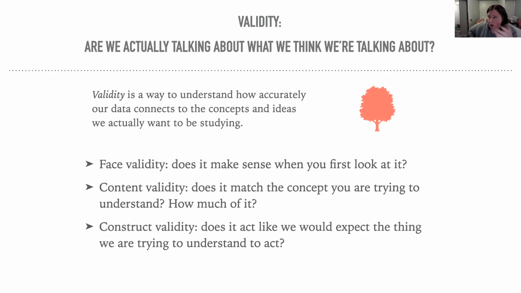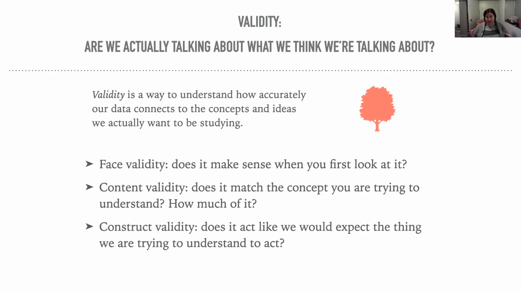But there are all sorts of other conceptual problems with it. Content validity: does it match the concept you're trying to understand? This would be the issue with things like Freedom House or the Polity Index or the Failed State Index, meaning, are you actually certain that the way they've converted information into numbers makes sense?